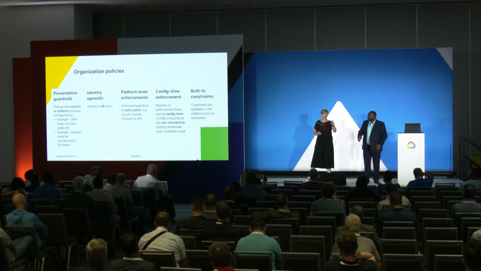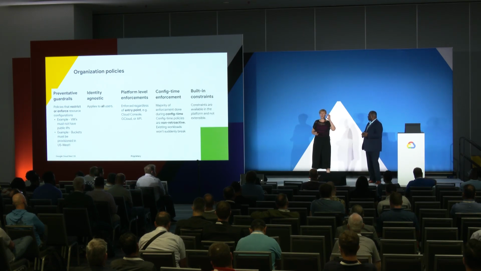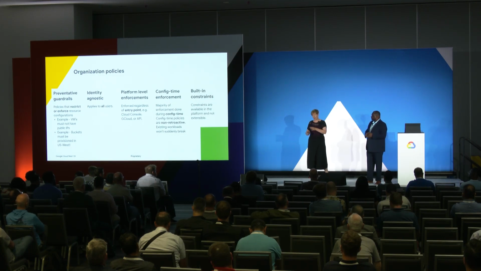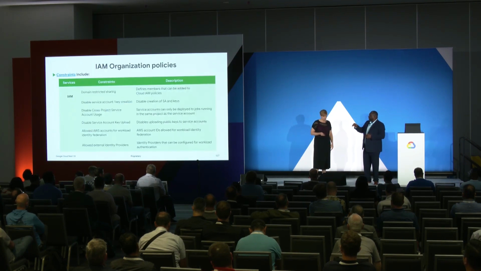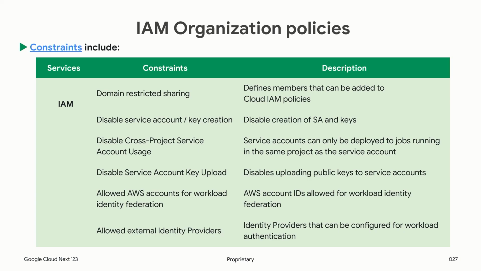Just a reminder, the IAM deny and allow policies are the who, org policies are the what, right? Now, if you look at this very first constraint, we're only showing you a few, but we have over 250 predefined constraints in GCP. I just want to talk about the first one here. I don't want anyone from Land of the Sun accessing Middle Earth resources.